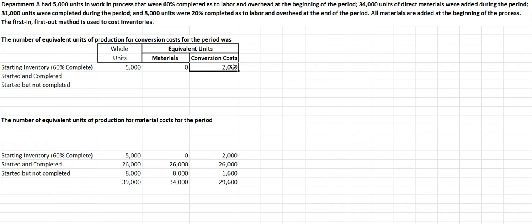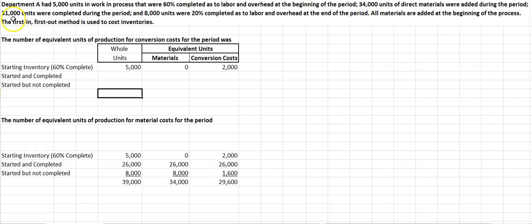So now let's look at the other line item, started and completed. It says that 34,000 units of direct materials were added. So we know we started 34,000. But how much did we complete of those 34,000? It says that 31,000 units were completed.